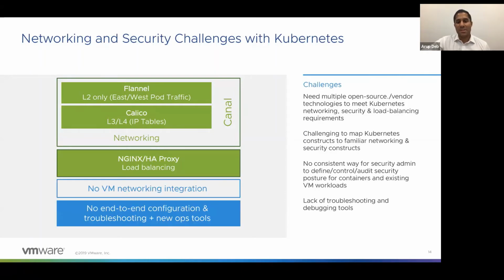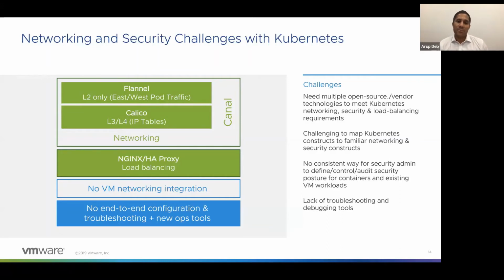So the challenges with them is that these platforms like Flannel, Calico, Nginx, they'll be focused on your container pods only. So they won't have any integration with your actual VM workloads. The other thing is that the type of networking terminology and constructs they're using doesn't map to your traditional enterprise network.